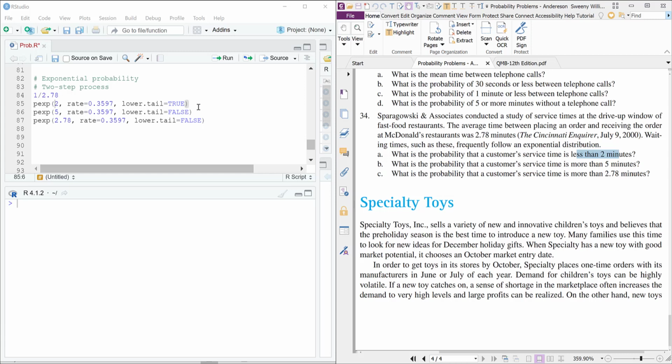So solving the same problem in RStudio, here we have mean time 2.78, which means the first step is that we will take the inverse of that, 1 over 2.78, and when I run this command, that gives 0.3597. So this is the input that I'll be using in rate. Okay, the first question is: what's the probability that a customer service time is less than 2 minutes?